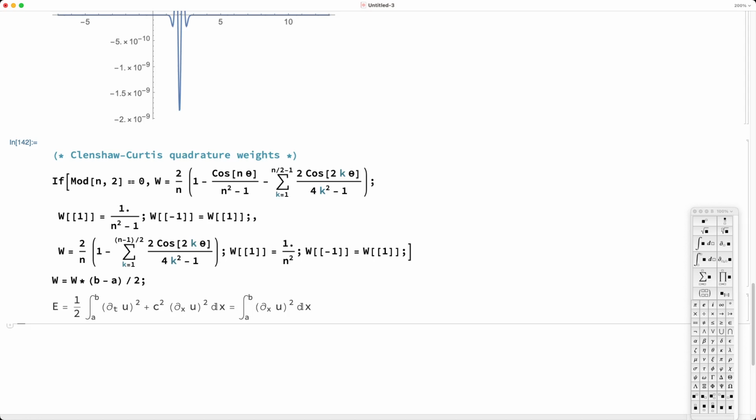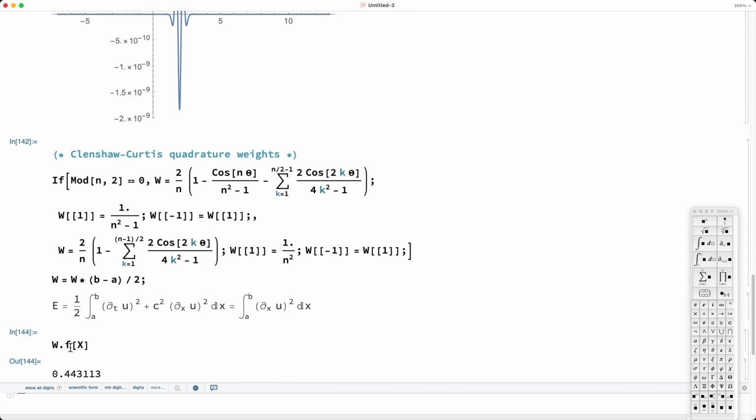Okay, so let's do this numerically. First of all, let's check if this integration rule works before we use it. To test if it works, we can dot it onto our Gaussian f of x. And let's see what we get. We get this number.